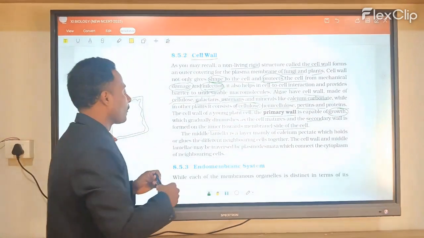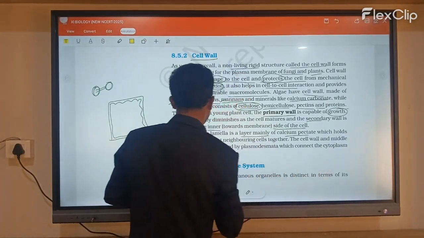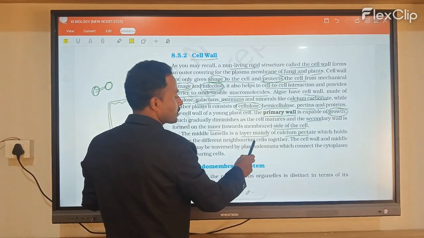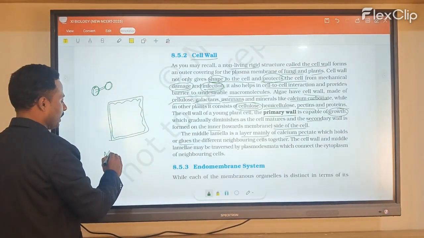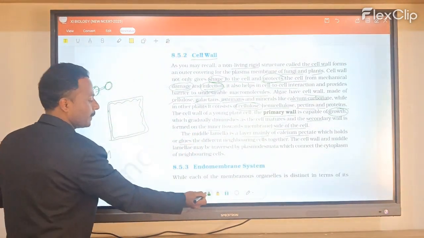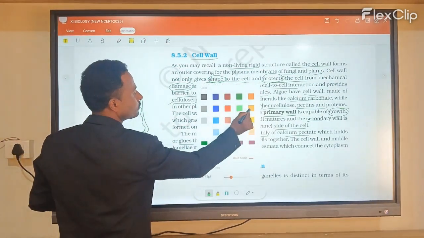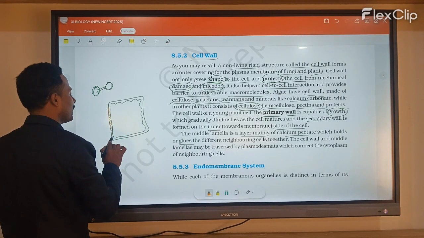The middle lamella is a layer mainly of calcium pectate, which holds or glues the different neighboring cells together. Here the middle lamella is present. What does this middle lamella act as?